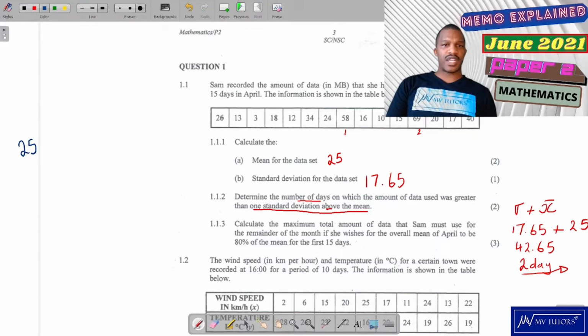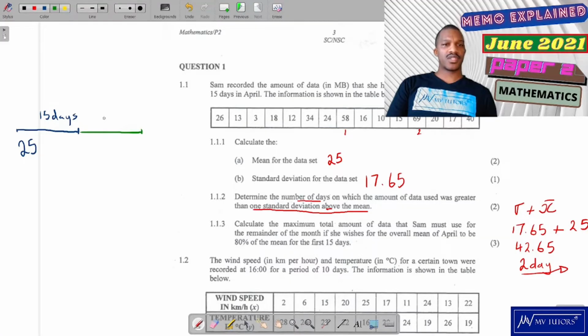The first 15 days, this is 15 days, right? So for the first 15 days, let's just put a timeline like that. You have a mean of 25. Okay, this is the first 15 days. Now to complete the month, the month has 30 days, right?